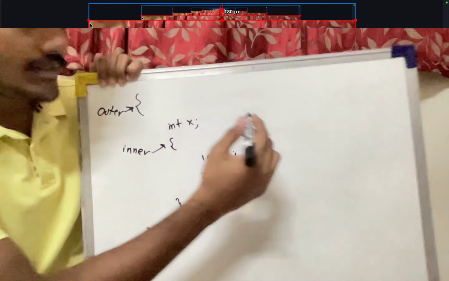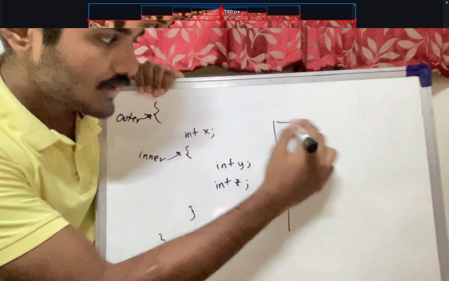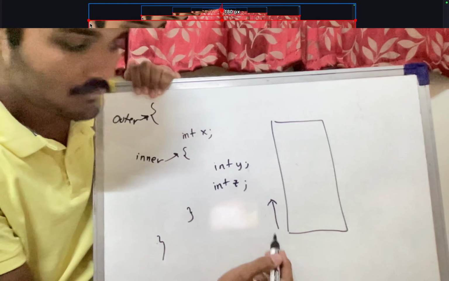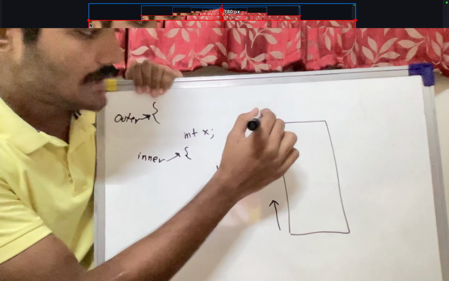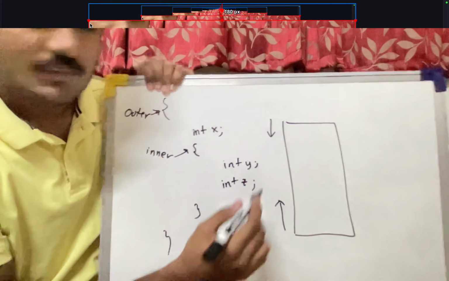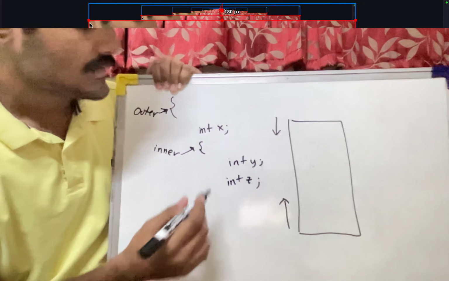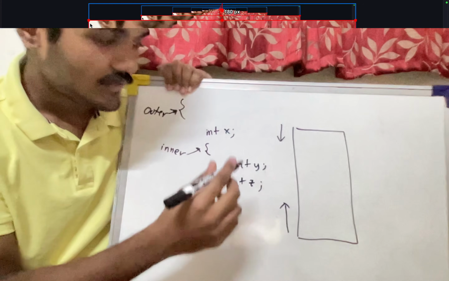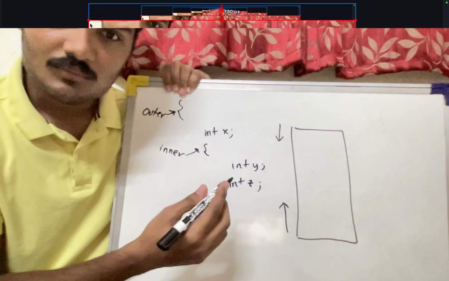So what happened is we looked at the previous diagram, where the heap grows from down to up and the stack grows from top to bottom. The stack is a great addition in the code.